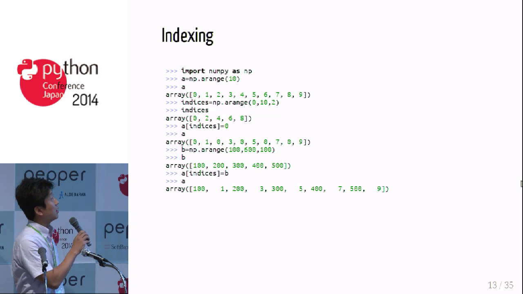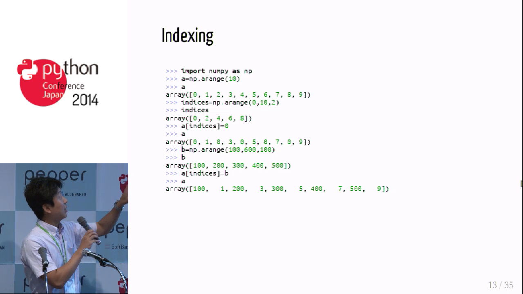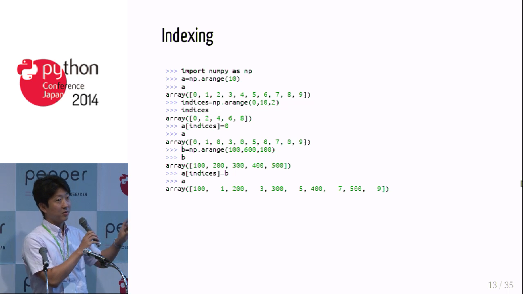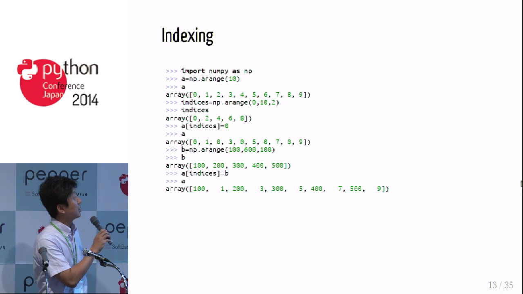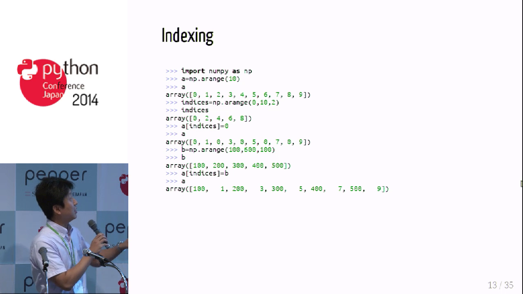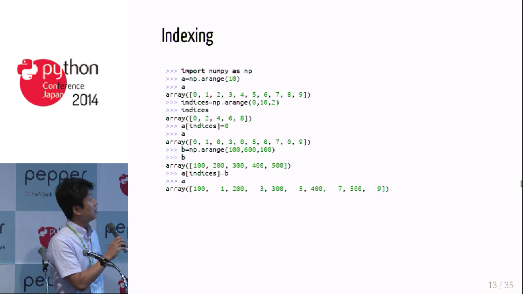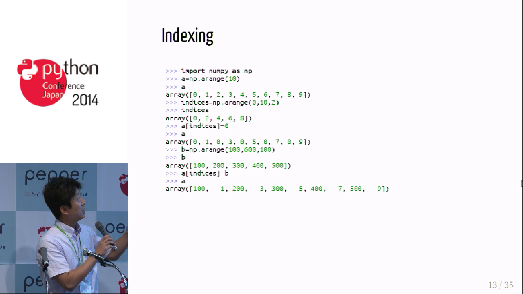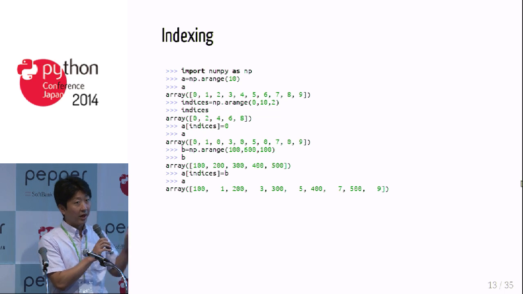Then, if the indices are in the brackets, you can set the same value to multiple positions. In the first case, it's assigning 0. And in the second case, it's assigning another array. So in the second example, multiple positions are modified.